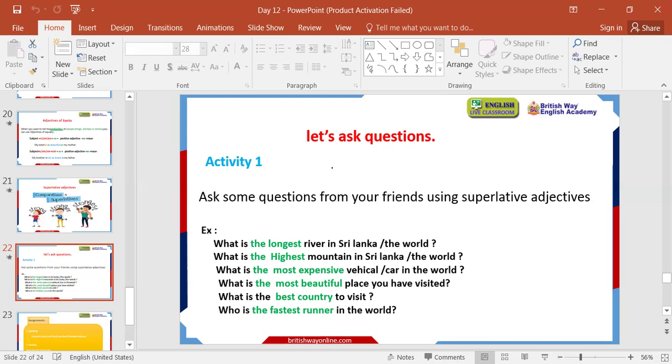Ambuluwawa is the most beautiful place in Sri Lanka. England is the best country of the world. America is the most powerful country in the world.